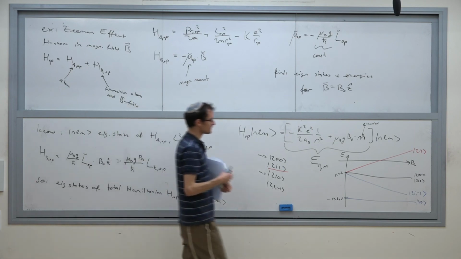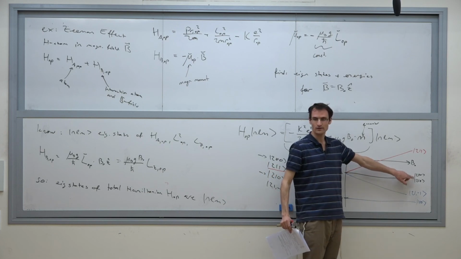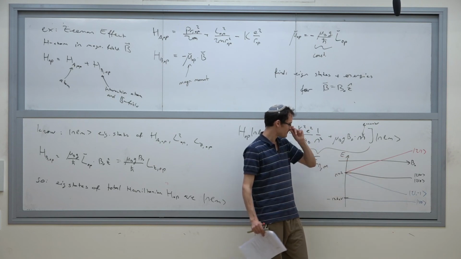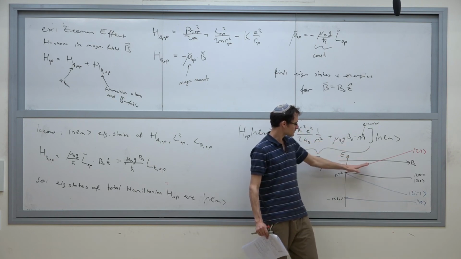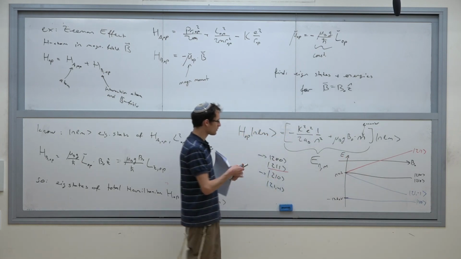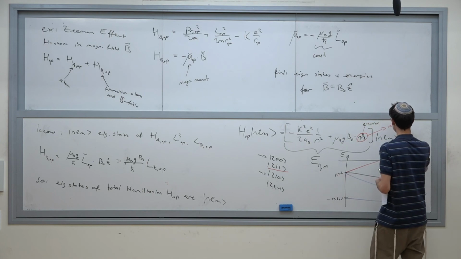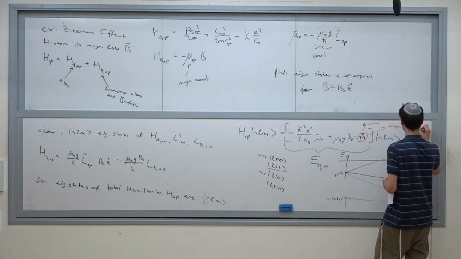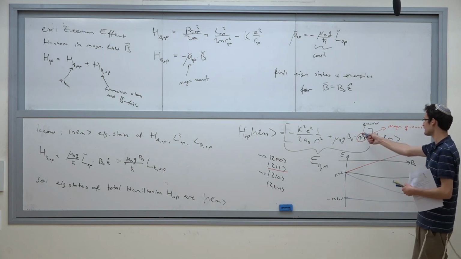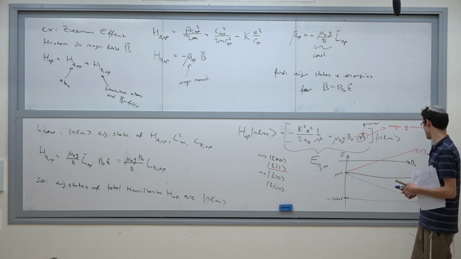It is still degenerate in L. These two states are different in L, they're orthogonal, but have the same energy. But the degeneracy in m has been lifted. And for this reason, this m quantum number is also called the magnetic quantum number, because you can see this effect inside a magnetic field.